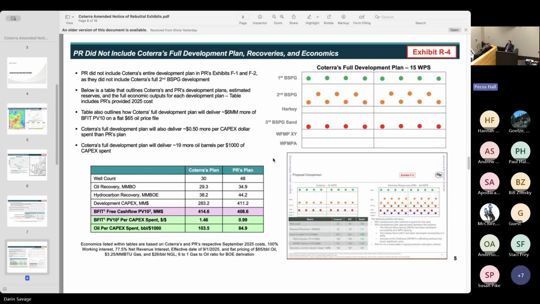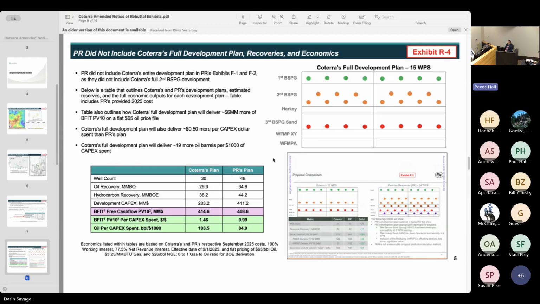We would estimate that the BFIT cash flows based on Coterra's models, but PR's capex provided, would deliver PR roughly $409 million compared to Coterra's $415 million.